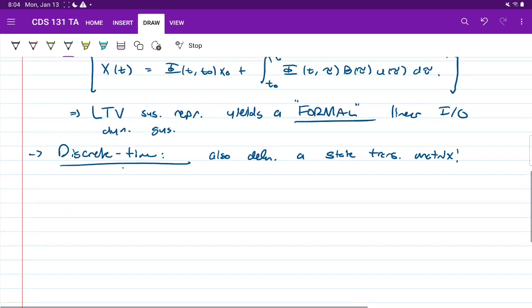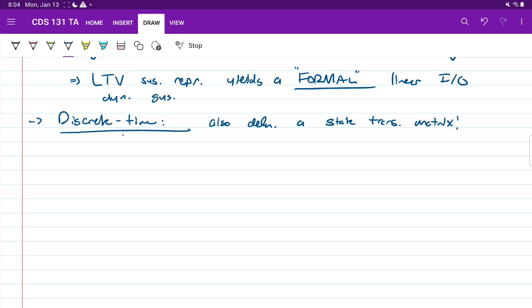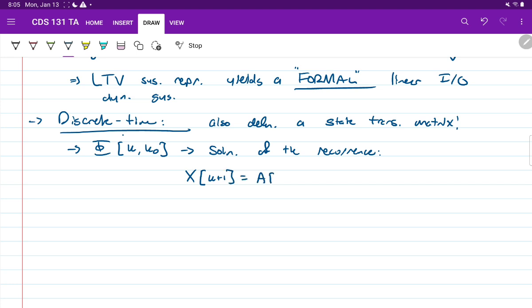The discrete time state transition matrix, which I'll denote phi of k comma k naught with square brackets, is the solution of the recurrence x at time k plus 1 equals A at time k, x at time k, and x at time k naught equals the identity.